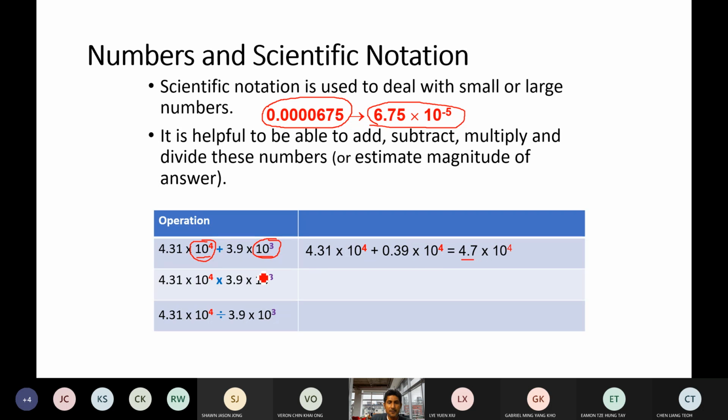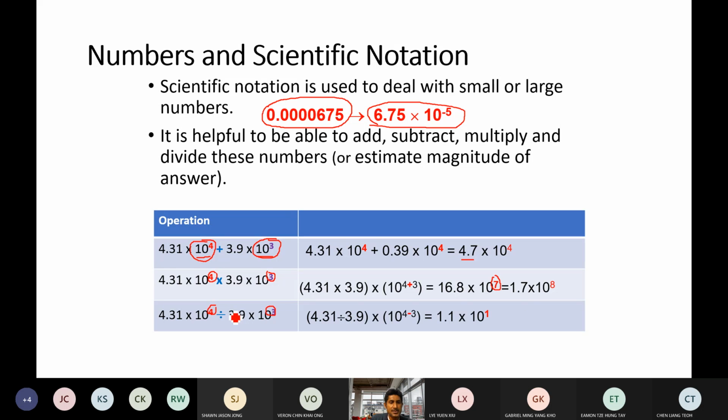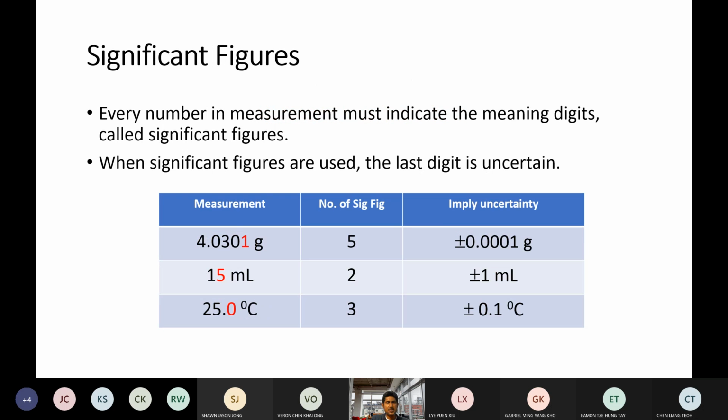For multiplication, the powers will always be added, and the rest of the numbers will be multiplied. For division, the powers will be subtracted, and the rest of the numbers will be divided. So this is how it goes.